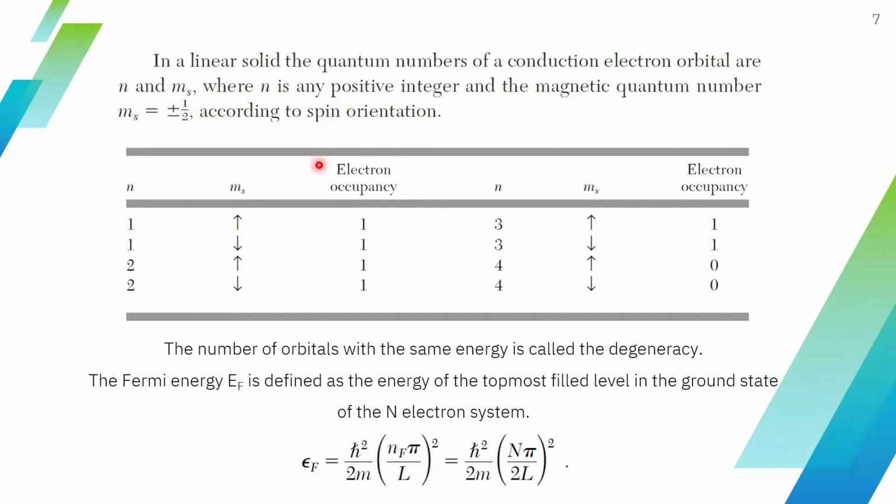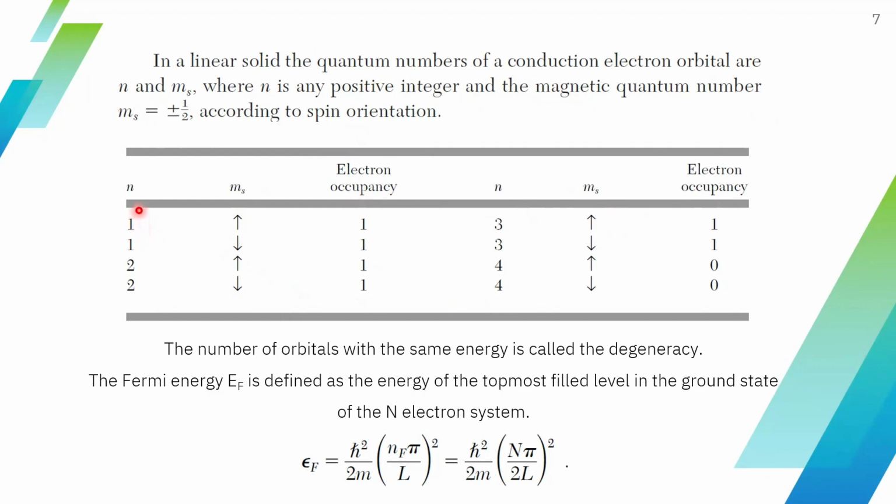A pair of orbitals labeled by the quantum number n can accommodate two electrons, one with spin up and one with spin down. For example, if there are 6 electrons, then in the ground state of the system, the filled orbitals can be seen in this table.